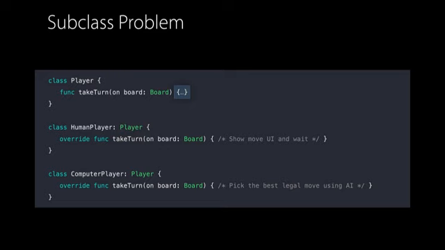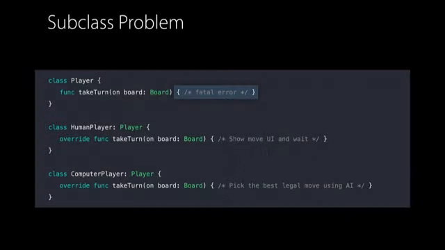Well, there's no shared behavior between human and computer players. There isn't any shared code to factor out. And in the surrounding code, you would never want an instance of the player base class. So this method should never be called.